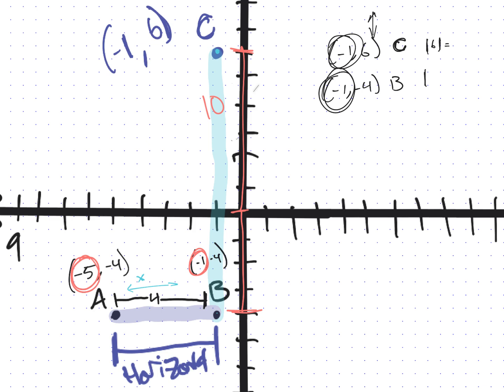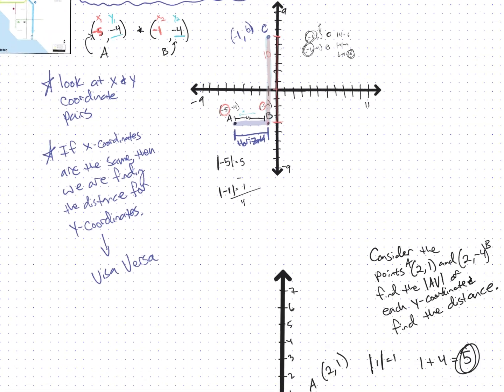We solve for that, and I have my absolute value of -4 in here. So my absolute value of 6 is 6, and my absolute value of -4 is 4. It's positive. So what that means is I have a distance of 4 here plus a distance of 6. So when we are crossing over coordinates or from quadrants from one to the other, since this is a positive 4, we can think of this as 6 plus 4. So our total distance between points C and B is 10 units.